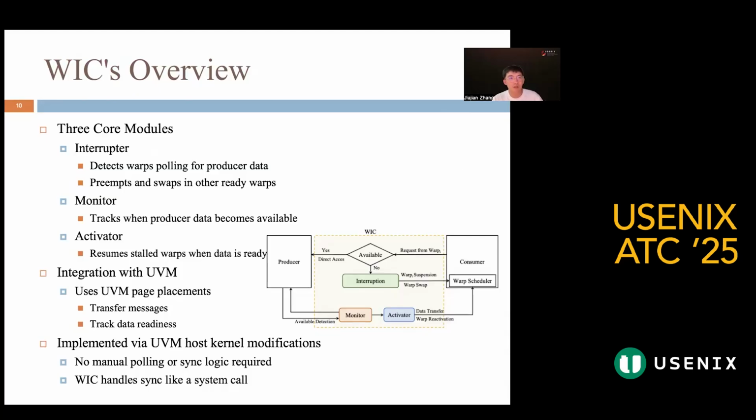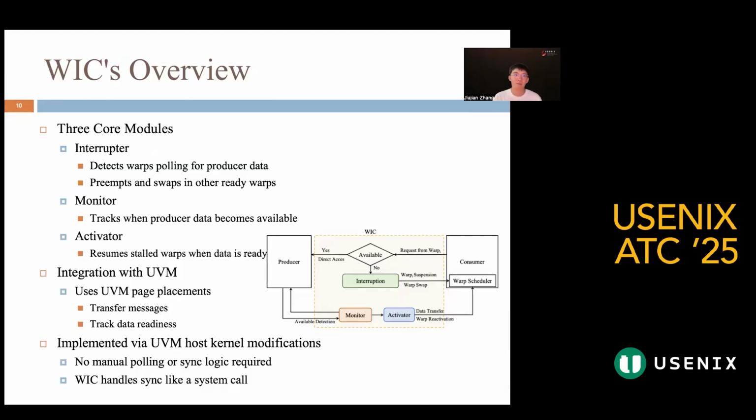And to make all of this actually work on a real system, WIC is implemented within the UVM framework. We use UVM page placement not only to transfer communication data, but also to check whether the producer data is ready.